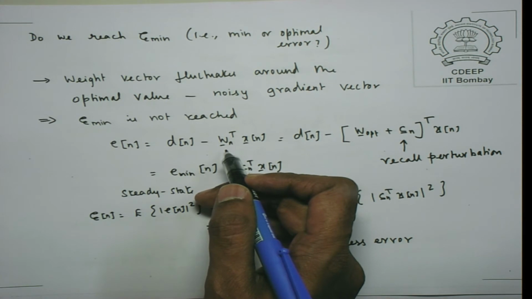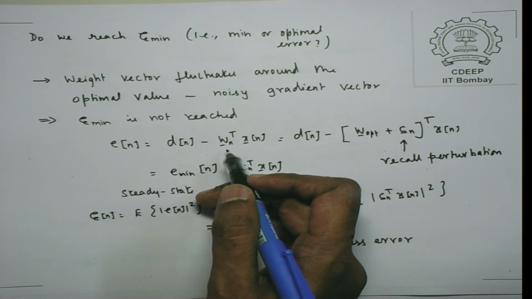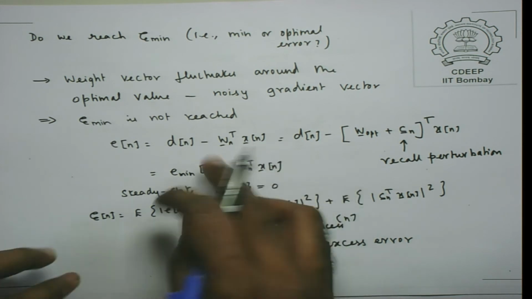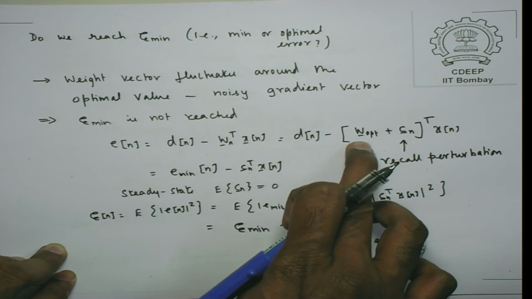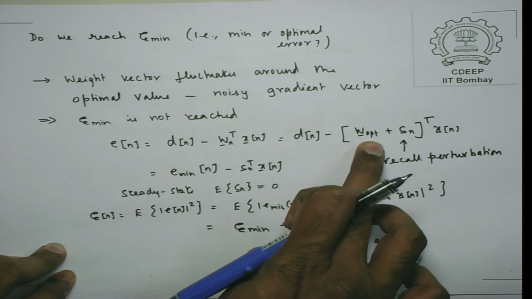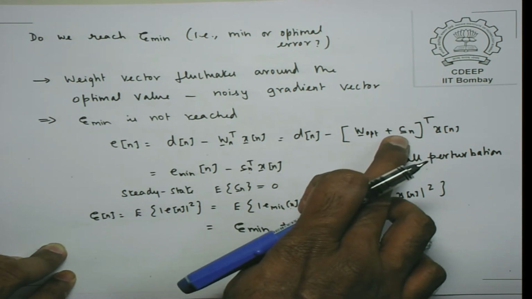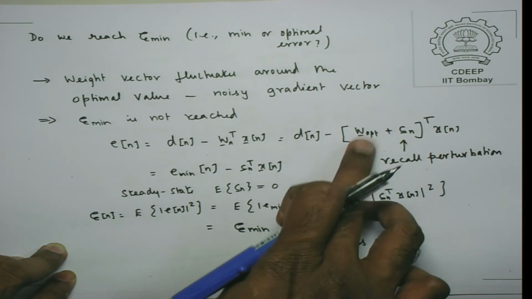In the steepest descent case, you will get exactly the W optimal because it is just R inverse times Rdx. Here it is not so, because we only have estimates of Rx and Rdx. With that constraint, we could approximate W of n and rewrite it as W optimal, which is what we expect, but there is always some small perturbation from this W optimal.